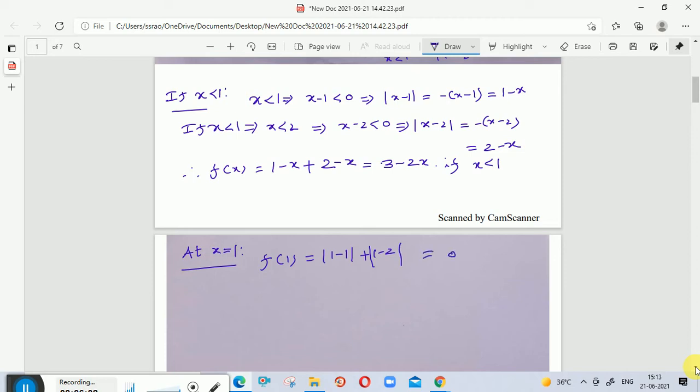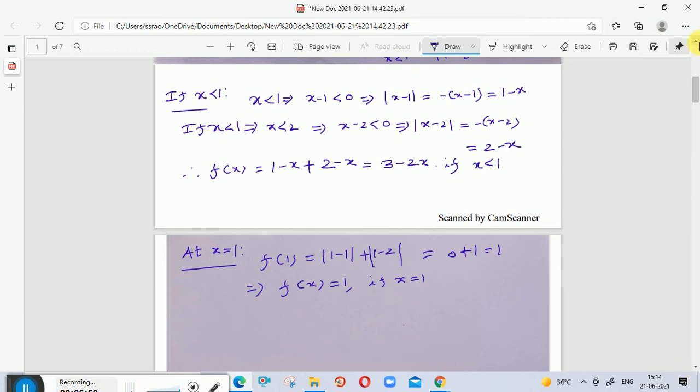So that is equal to 0 plus 1, that is equal to 1. So f of x is equal to 1 if x is equal to 1.